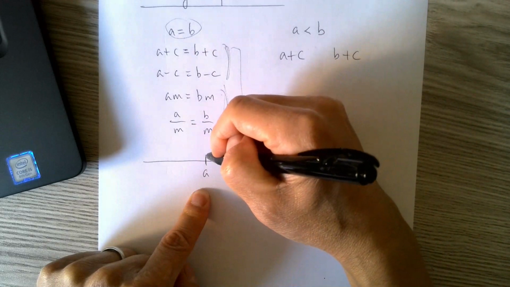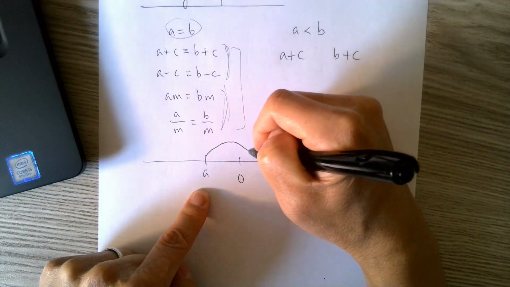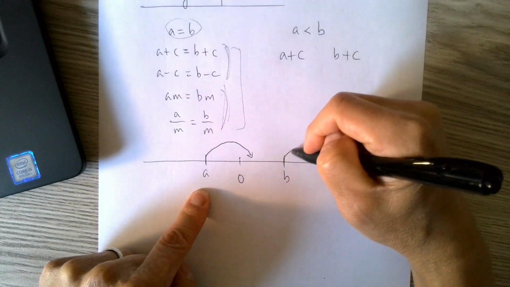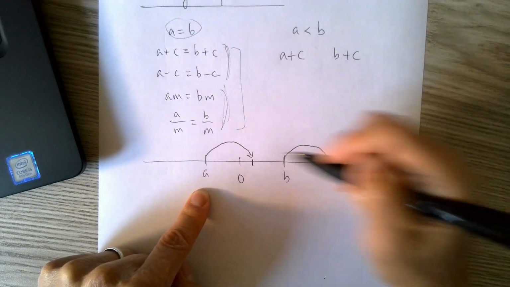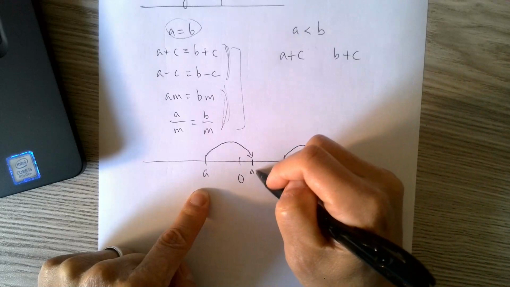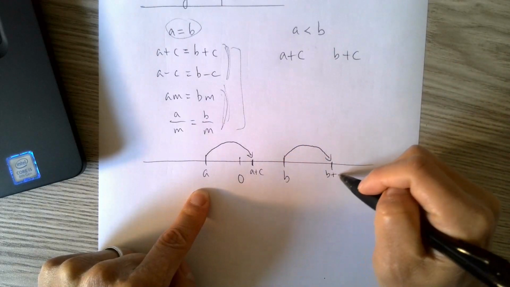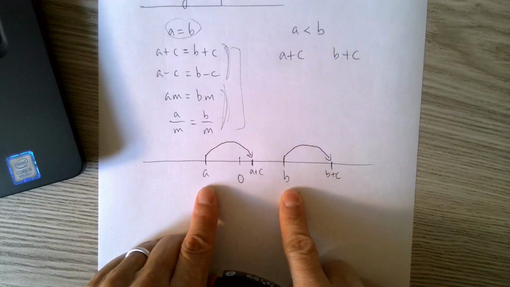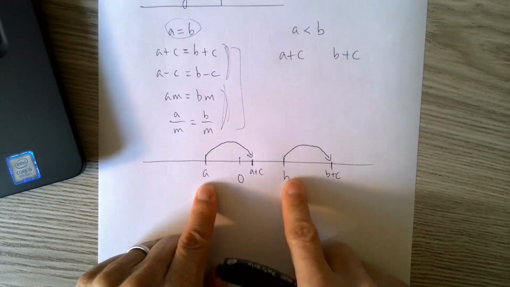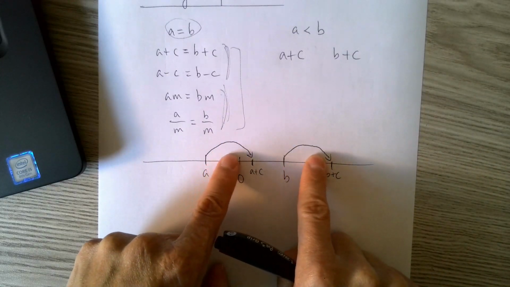And since I'm adding a positive number, both values will jump to the right on the number line, right? So now A plus C is here and B plus C is here. But since I added the same positive value to A and B, they both move an equal distance to the right.